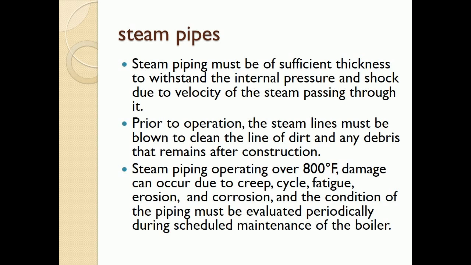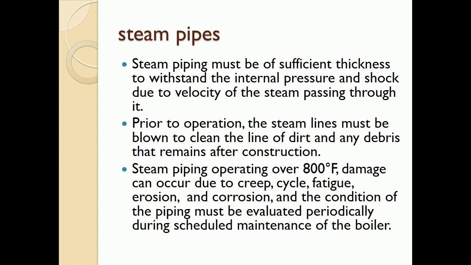The plant steam piping must be of sufficient thickness to withstand the internal pressure and shock due to velocity of the steam passing through it, and prior to its initial operation, the steam lines must be blown to clean the line of dirt and any debris that remains after construction.